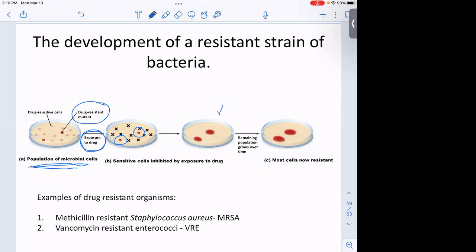Now they proliferate to the point where those are really the only cells that are there anymore. So that's kind of the overview of how we think it happens.